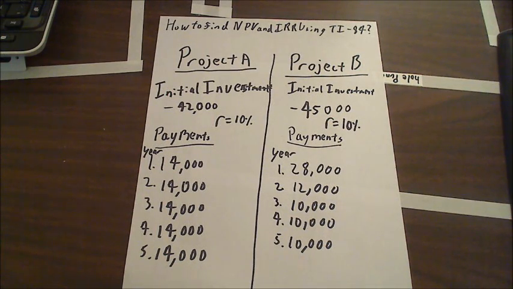So I have looked all over the web on how to do a net present value or internal rate of return, abbreviated as NPV and IRR, and I could not find any really good videos on how to do this.